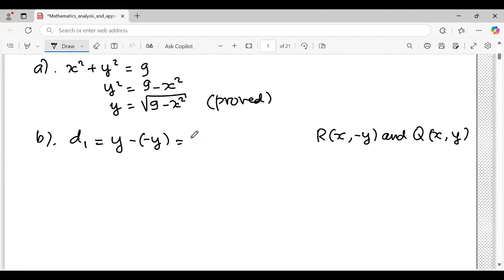So it is 2y. And y is square root 9 minus x squared, so the base is 2 square root 9 minus x squared.